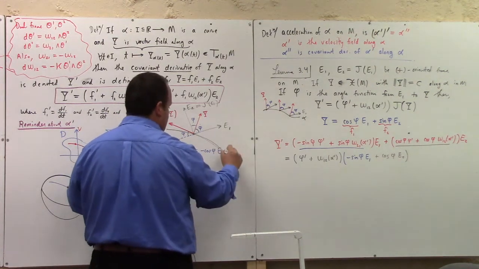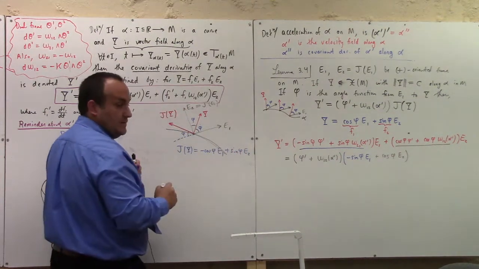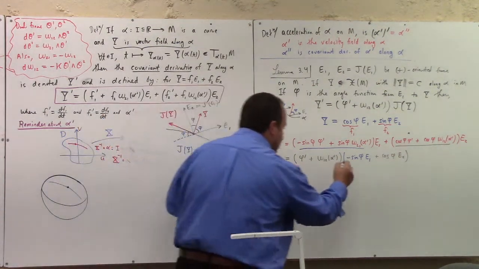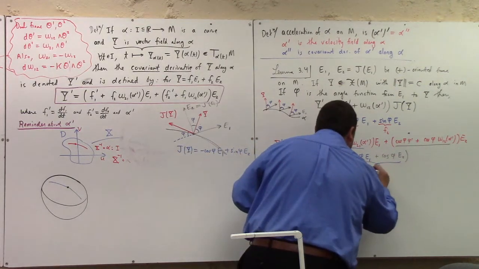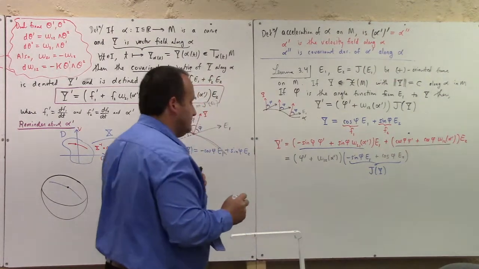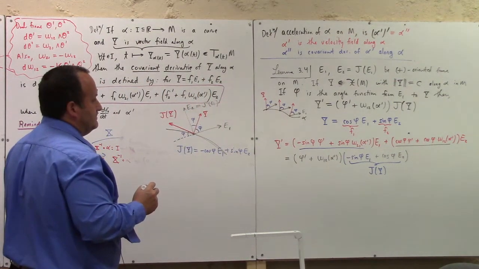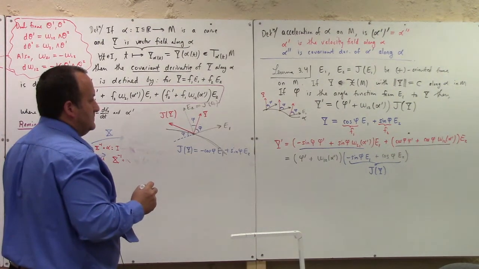Plus sine phi E2, right? Which is this. Wait, backwards. Right.